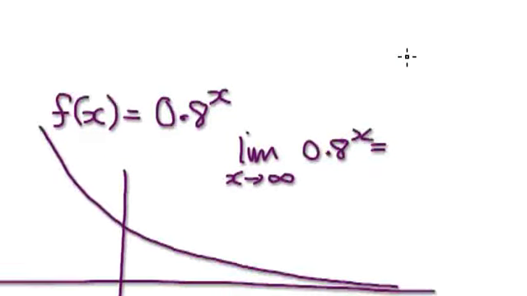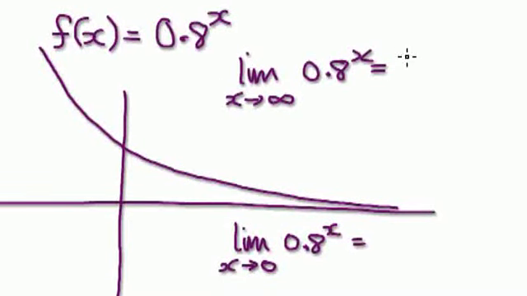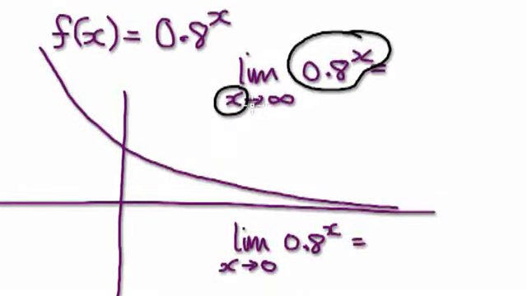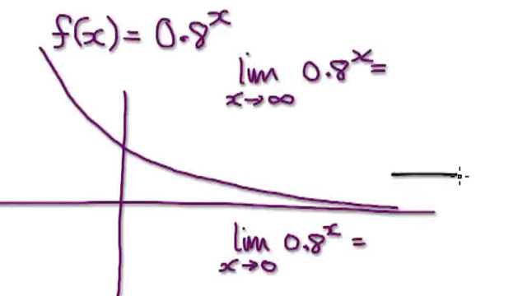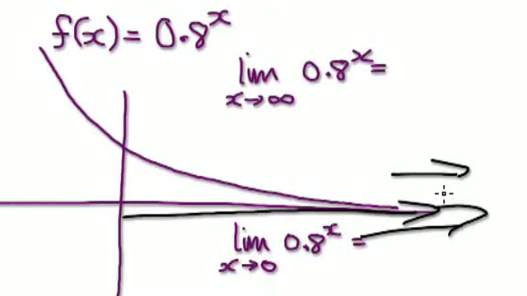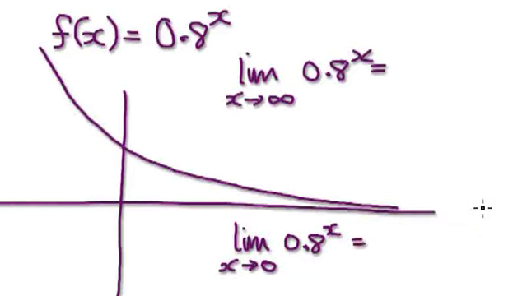Here's another example. Suppose you have a function f of x equals this thing here. The limit as x tends towards infinity. Tending towards infinity means as x moves towards infinity, you cannot head from the right hand side.